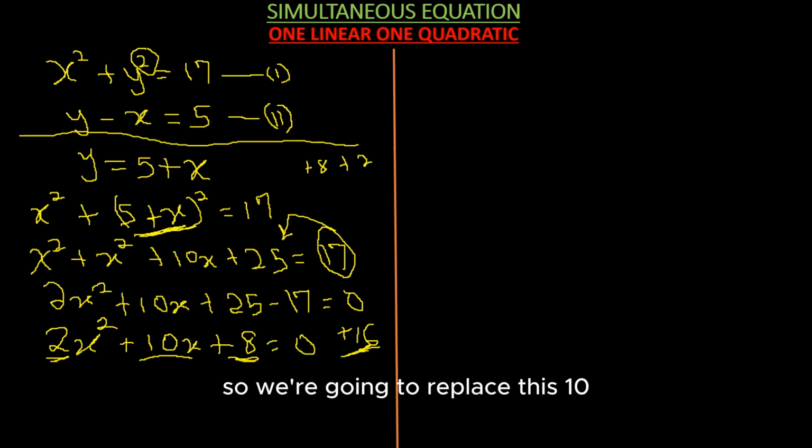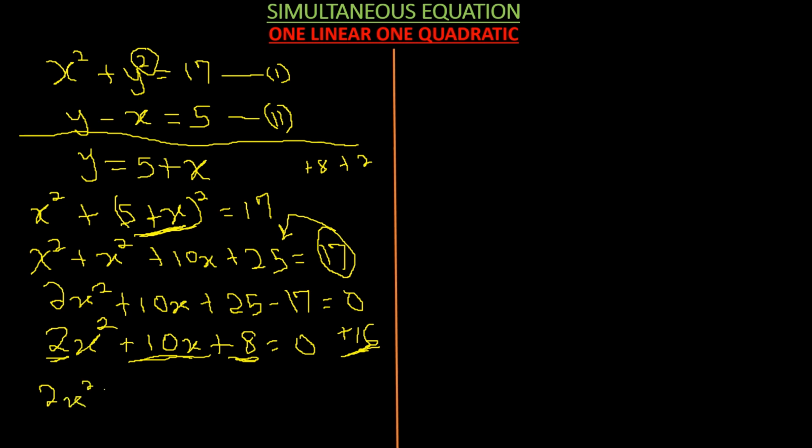So we're going to replace this 10x with the two factors. That gives us 2x squared plus 2x plus 8x plus 8 equal to 0.